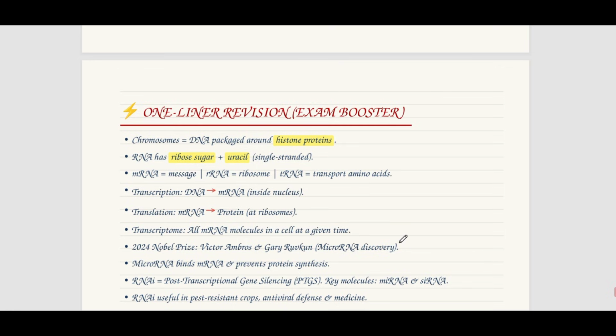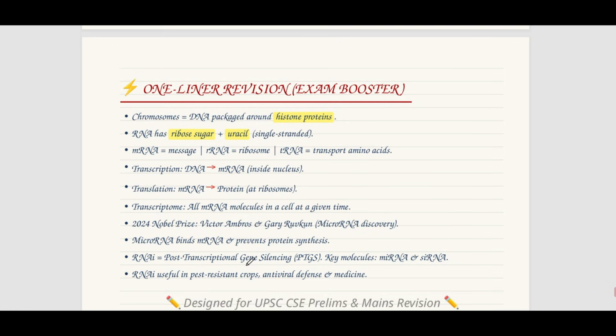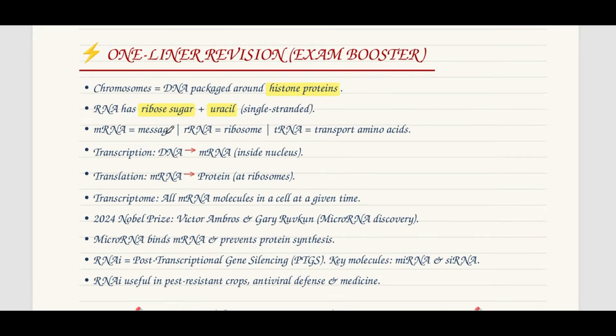Okay, this is a revision session. I will tell you the word, and before I say the answer you can write it in the comment section, because it will help you remember for a long time. Chromosomes: what do you remember?